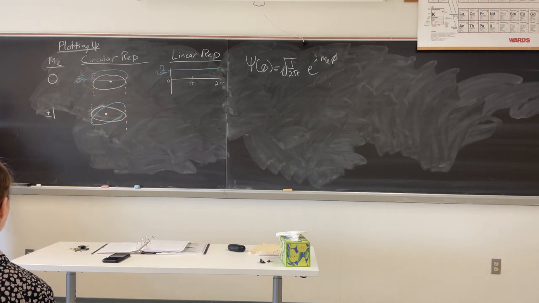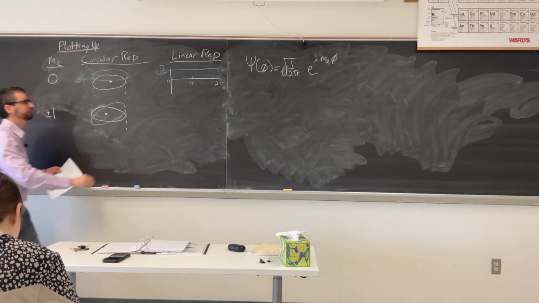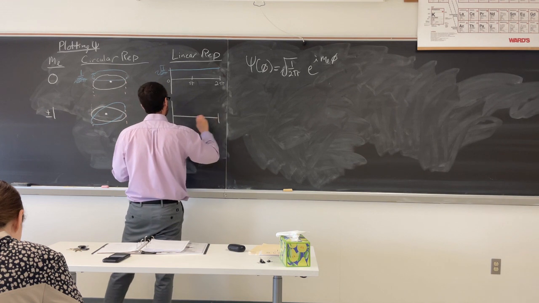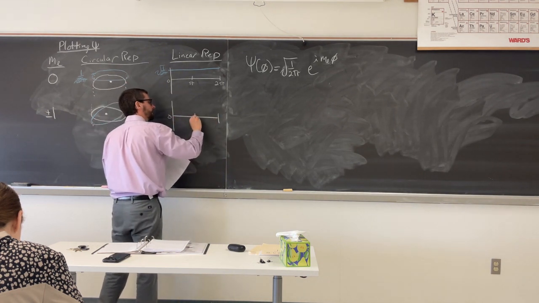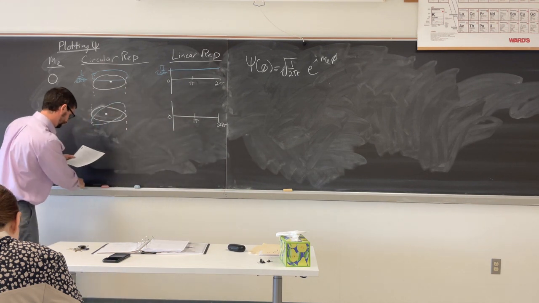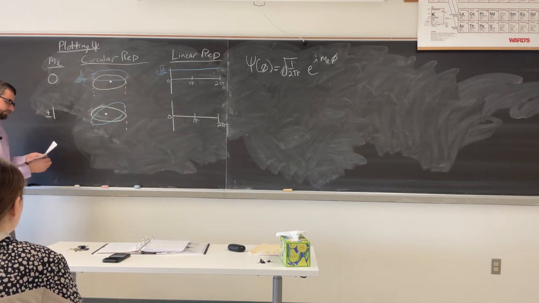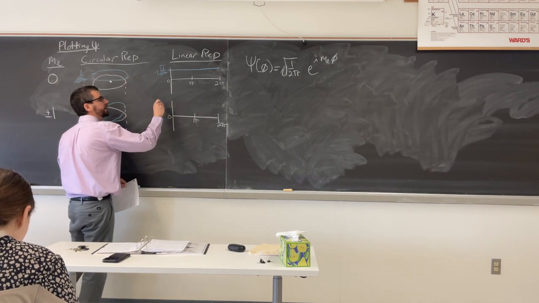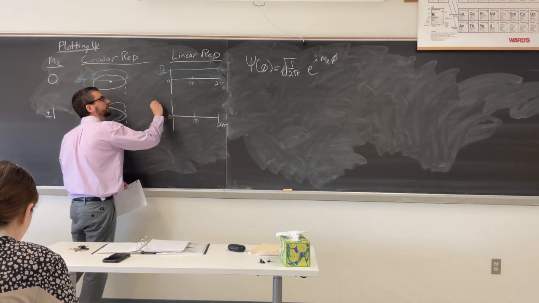Let's plot it out as a linear representation. Zero, pi, 2 pi. Okay, again, the maximum value we can have, what will the maximum value be?